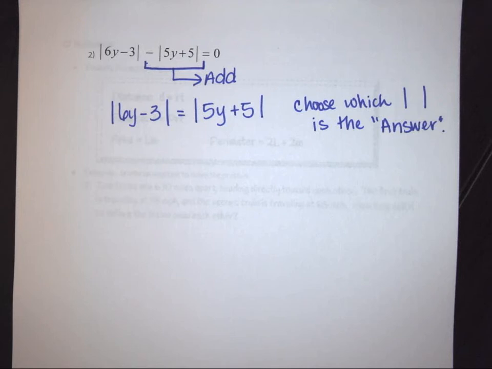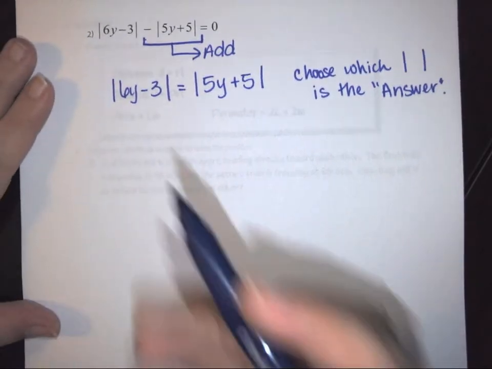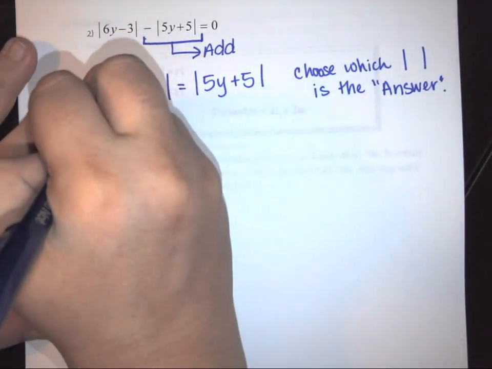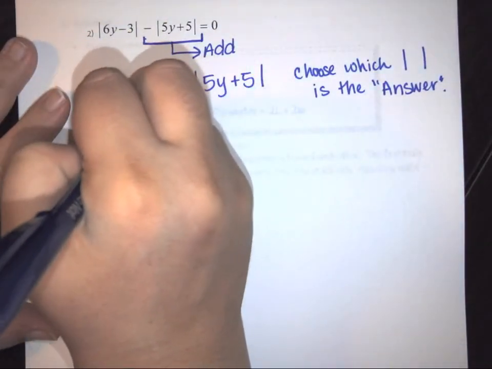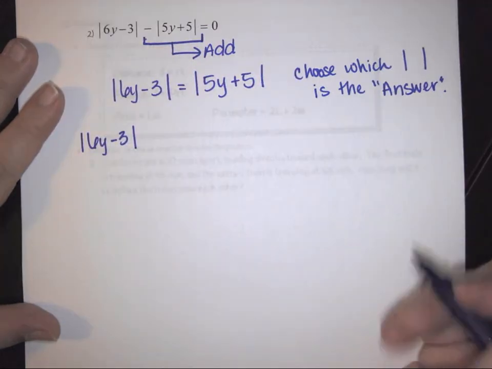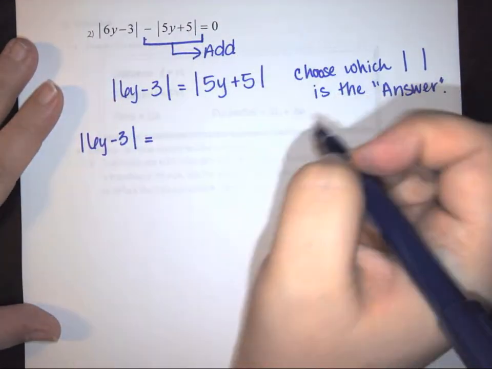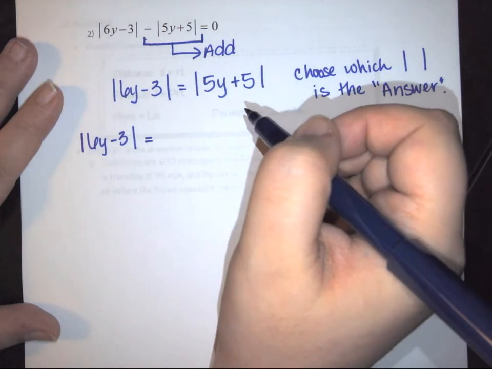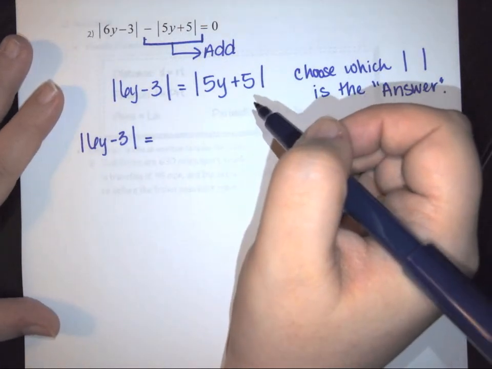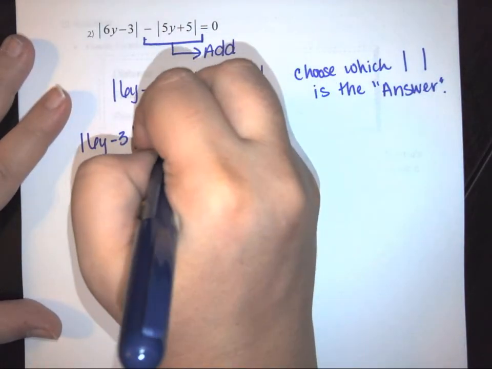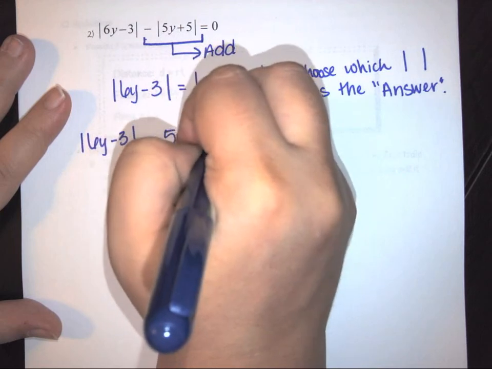It doesn't matter which one you choose. So here, just to make things easy, I'm going to choose that the 6y minus 3 remains my absolute value, and that means the 5y plus 5 becomes the answer. So this is 5y plus 5.